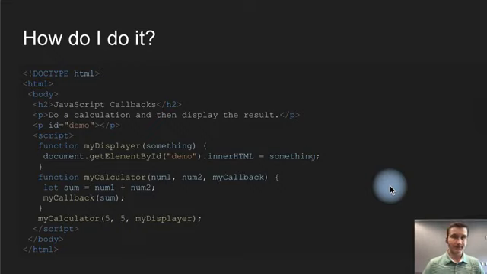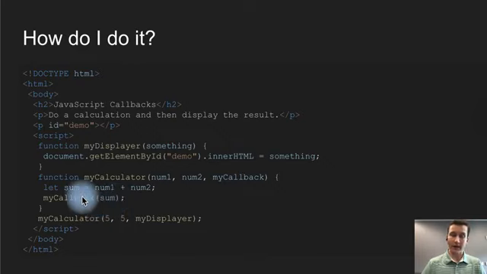So how do I do it? Here we have an example. We want to take this, we want to add an additional parameter to this example. My calculator takes in two function arguments here, num1, num2, and then a callback. And here we're adding these numbers together to get a sum, and then we call our callback, which takes the sum.